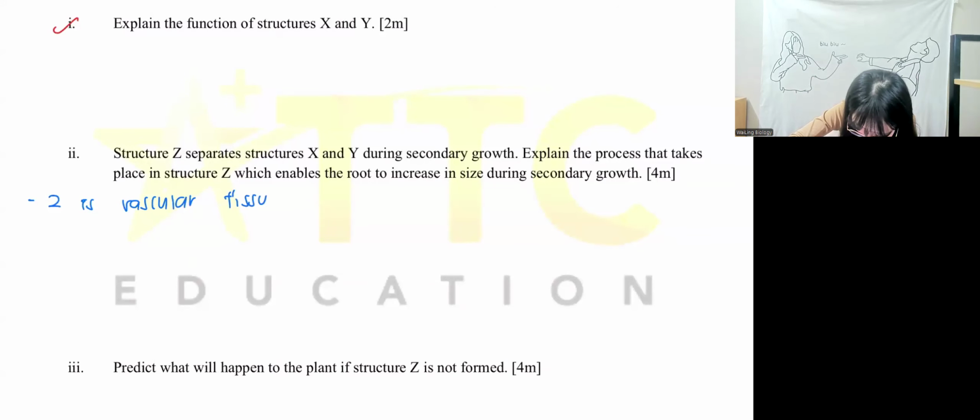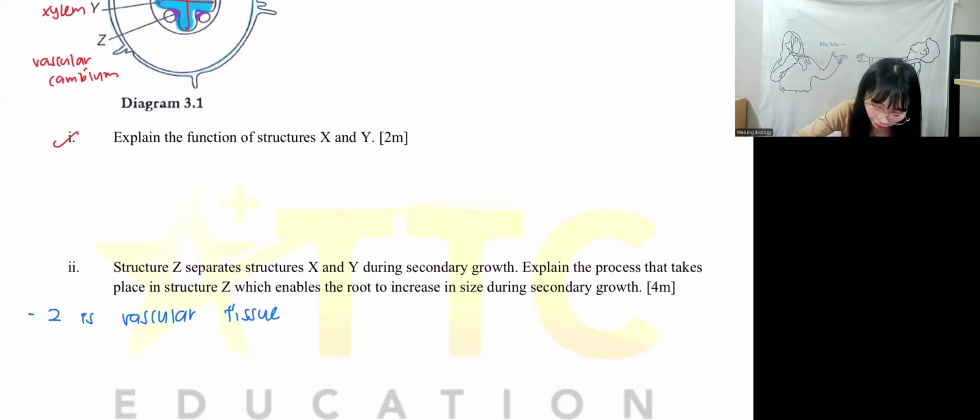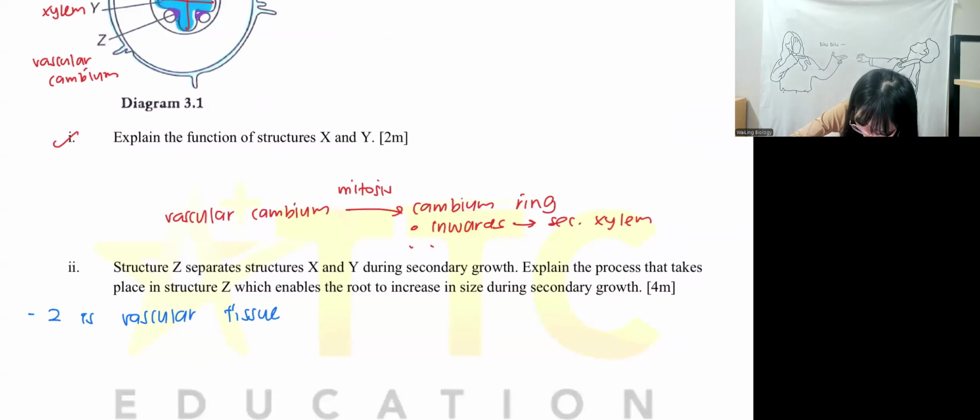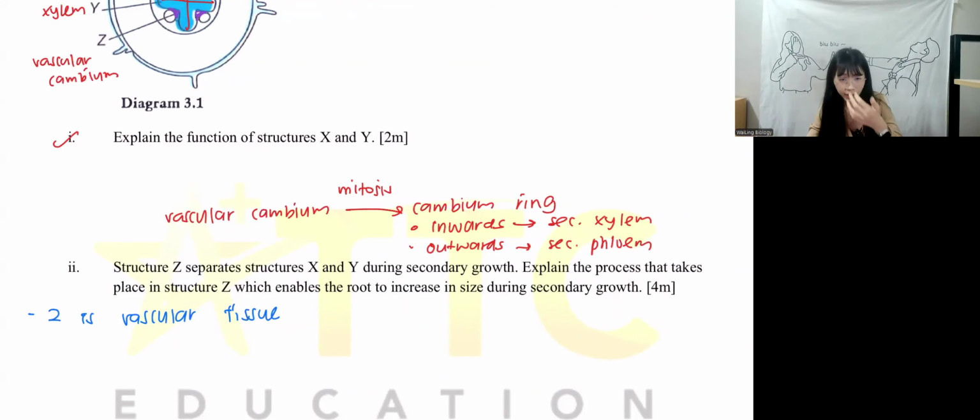Okay, maybe I write the sequence first. We start with vascular cambium. They undergo mitosis to form a cambium ring. The one that grows inwards is the secondary xylem. The one that grows outwards is the secondary phloem. So we're going to form this into 4 sentences.